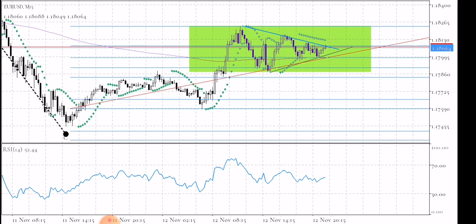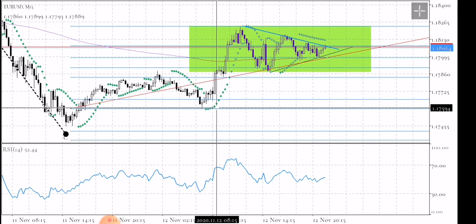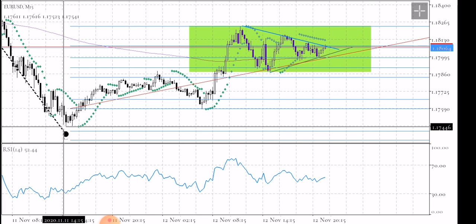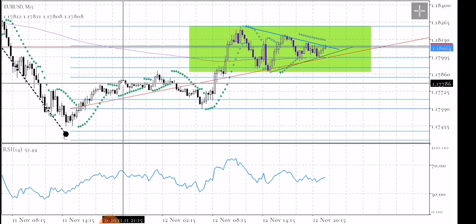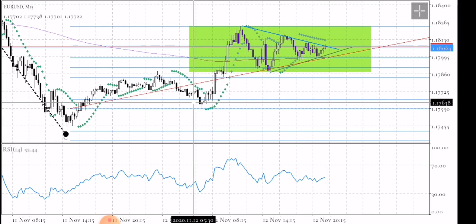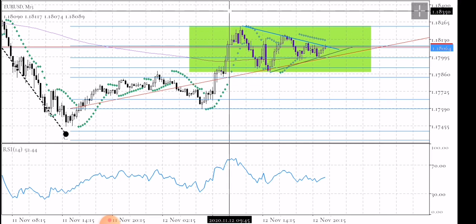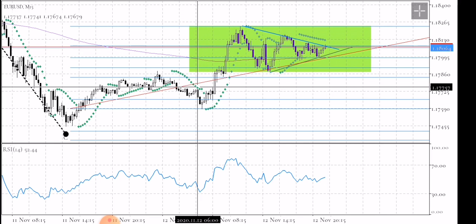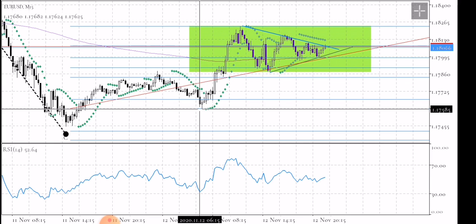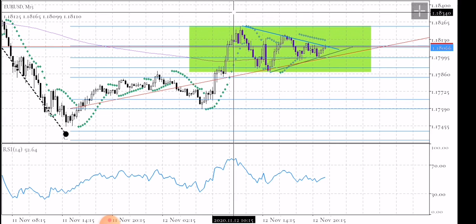Let me delete that first. Okay, I'm just going to keep it there for a while. By taking the expansion tool from this level, the start of wave 1, up to here, and then drawing it back down, which is wave 2, you will see some kind of an up move, be it 100% or 127 or 161.8.